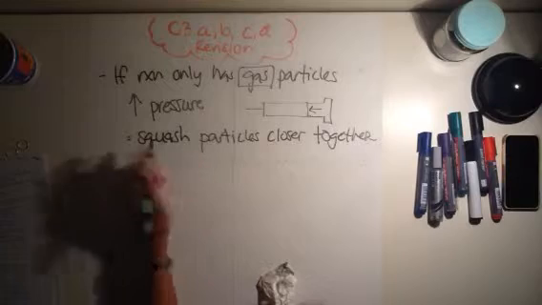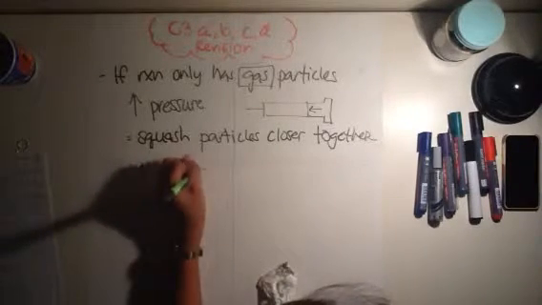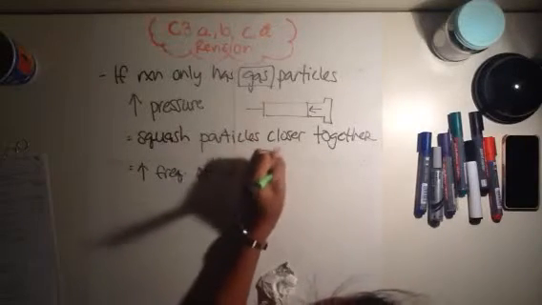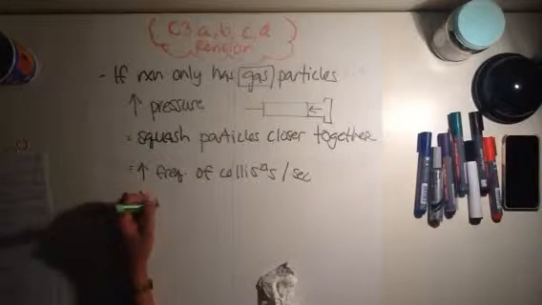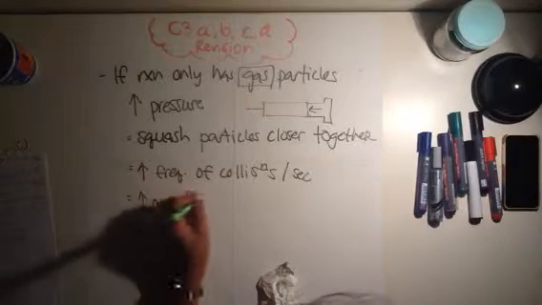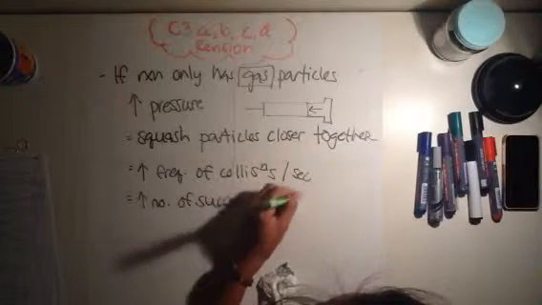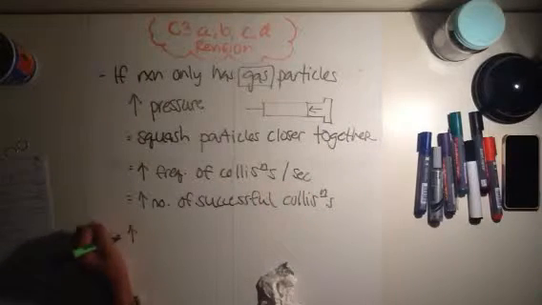And if you squash the particles closer together, then you increase the frequency of collisions per second. And again, that increases the number of successful collisions, meaning you increase the rate of the reaction.